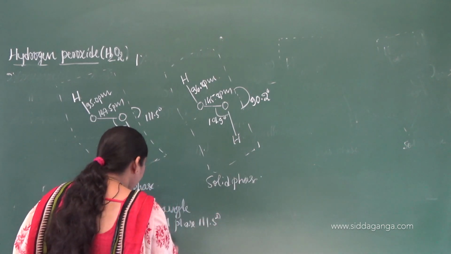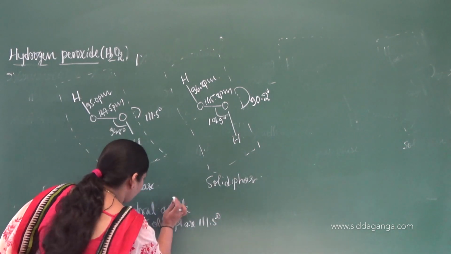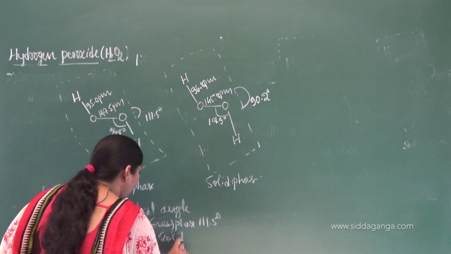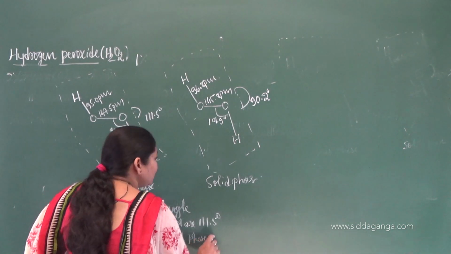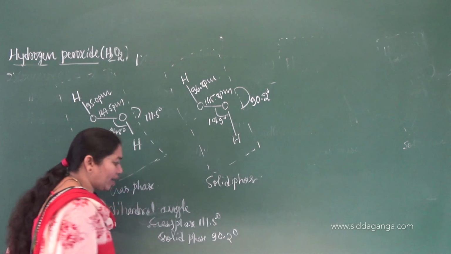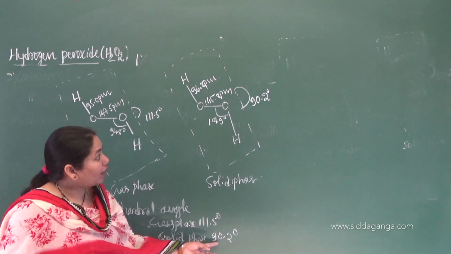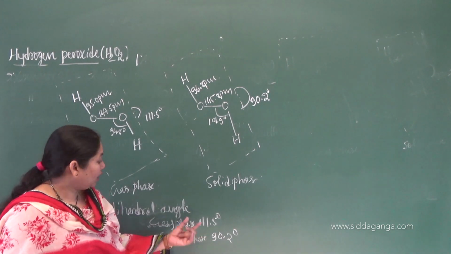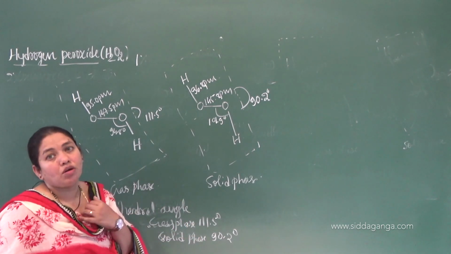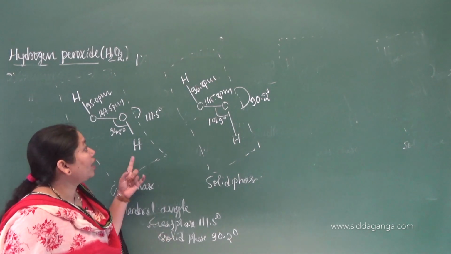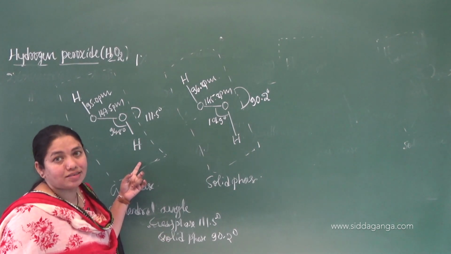In case of the solid phase, it should be less, because the molecules are closely packed, so the angle will be less. It is 90.2. This you have to remember. In both phases, hydrogen peroxide exists, right?